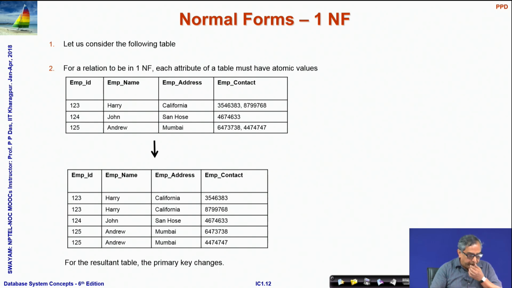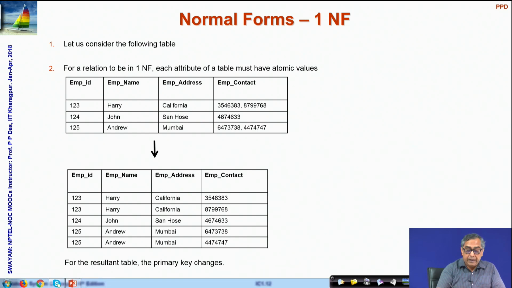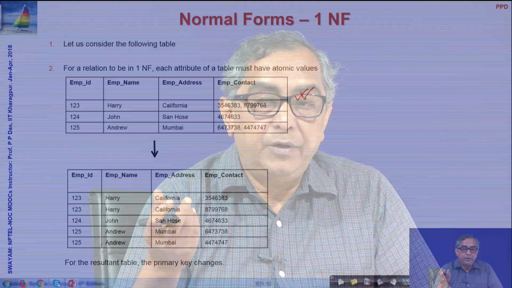So, this starts with the example of a table which is not in first normal form. For first normal form, no attribute should have more than one component. They have to be elementary, primitive in nature; every attribute must have only one value in the table.